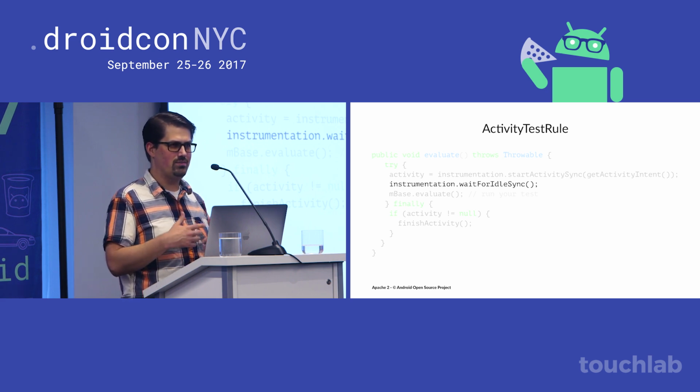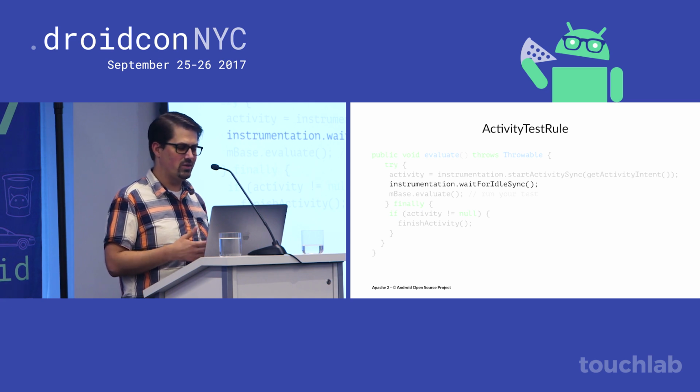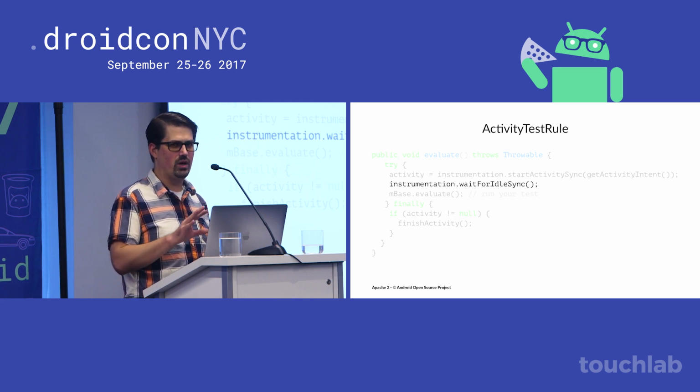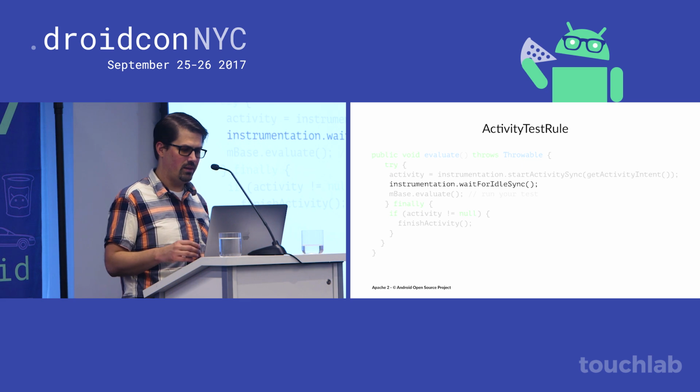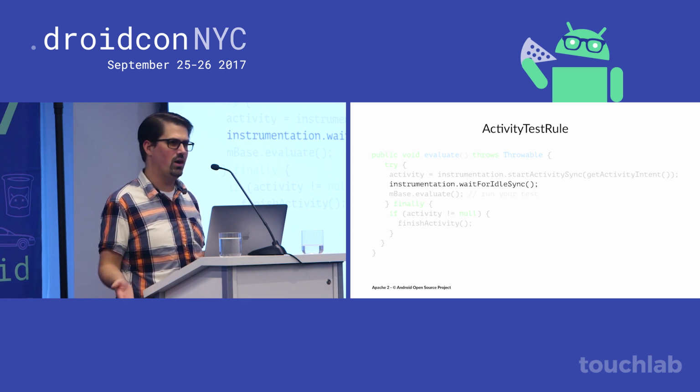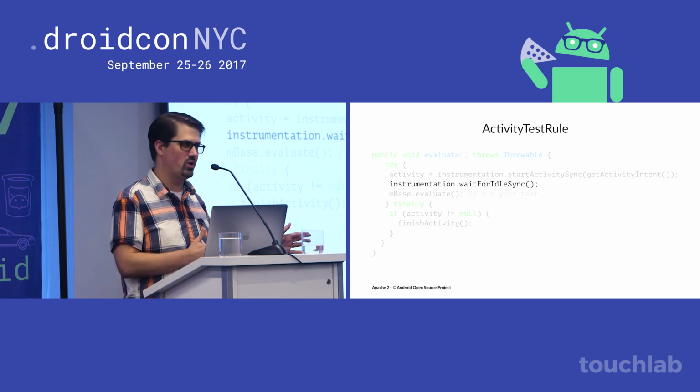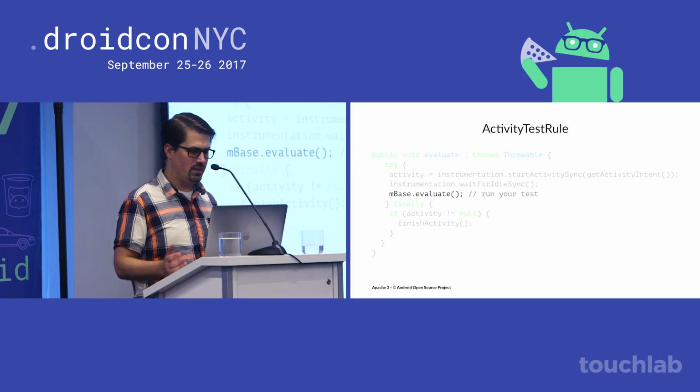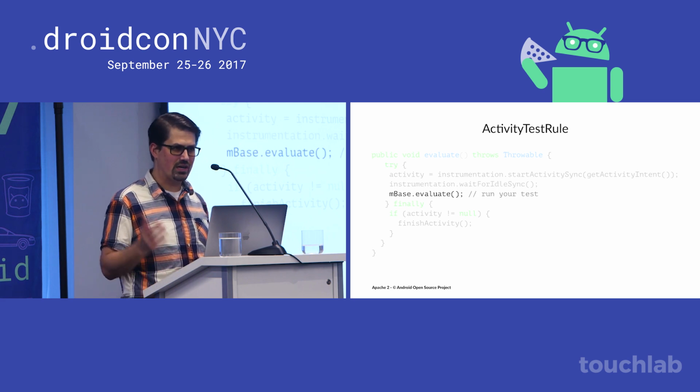It will wait until there are no messages in the queue, but it's not checking for conditions or idling resources, so it's certainly not as smart as exactly waiting for what's going on in your app. But it's good enough to get you to on resume and make sure the on resume has been processed on the main thread. And then we call base.evaluate, which is actually your test code.